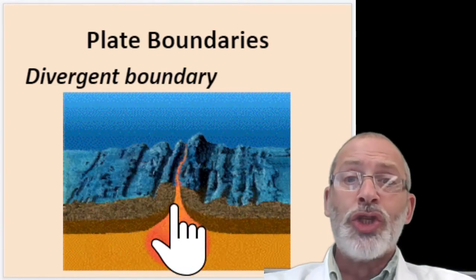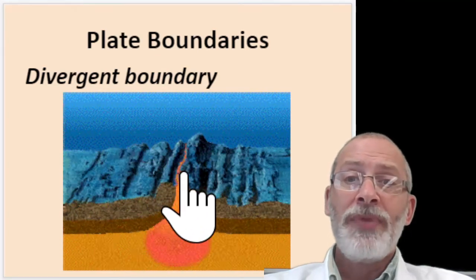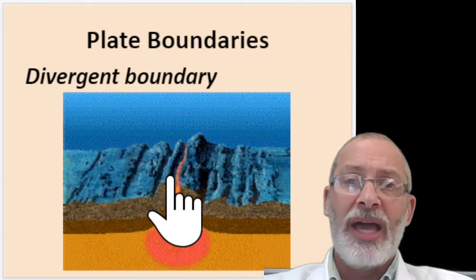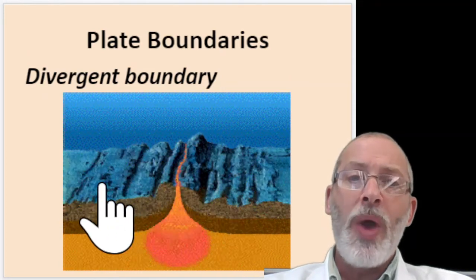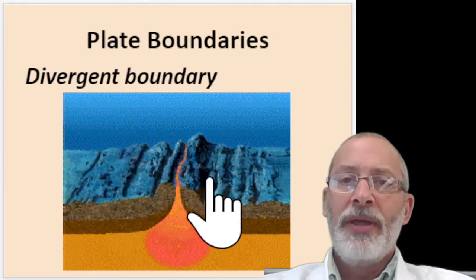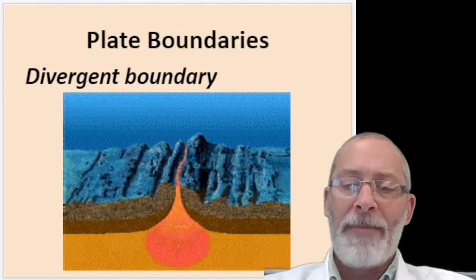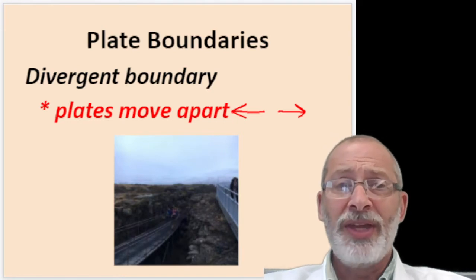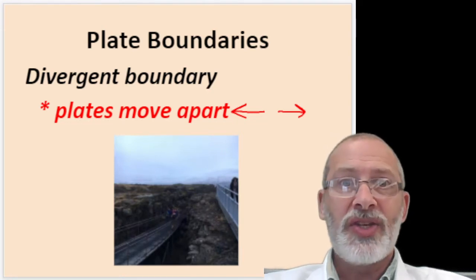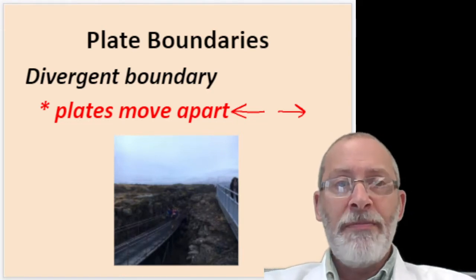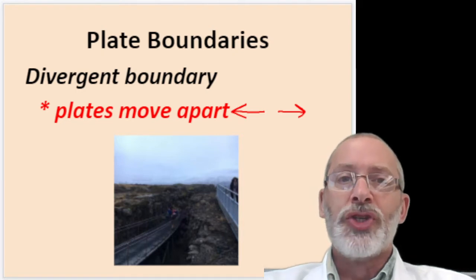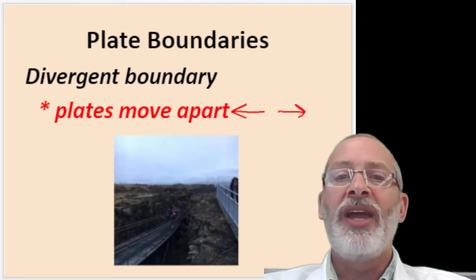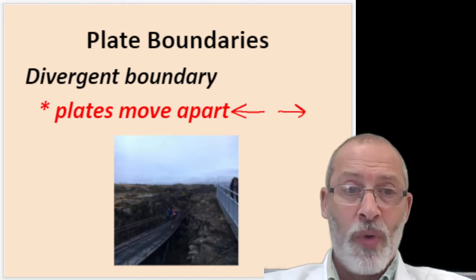And as new material is built up, notice the conveyor belt-like movement away from this divergent boundary. Divergent boundaries describe the areas where plates are moving apart from one another.